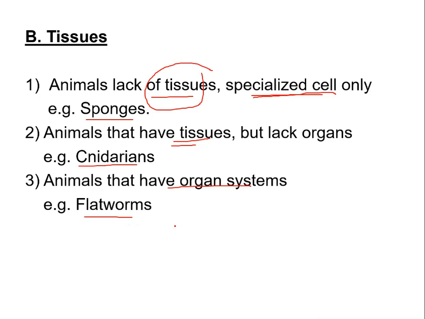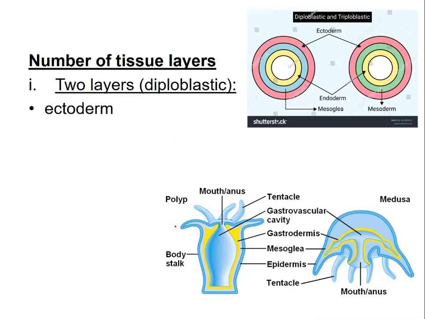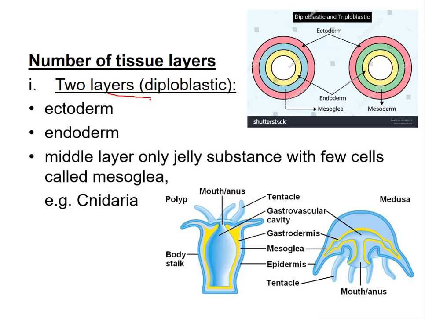Next, number of tissue layers. For animals that have tissue, some of them have two layers of tissue and some have three layers of tissue. So what is the two-layer tissue category? Some animals have two layers of tissue that we call diploblastic.